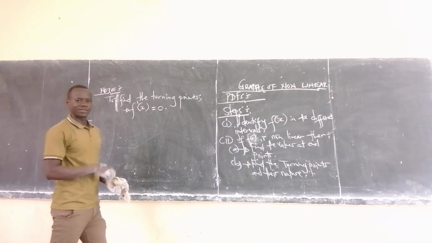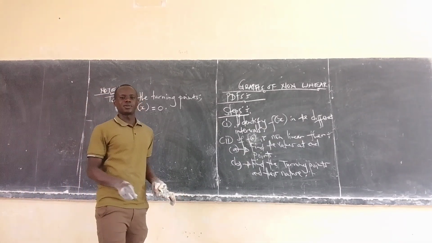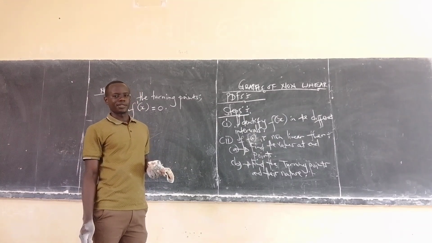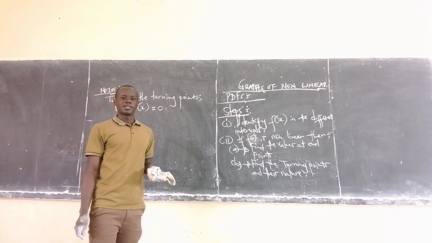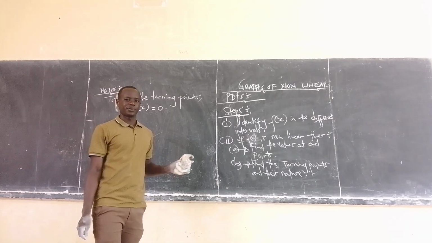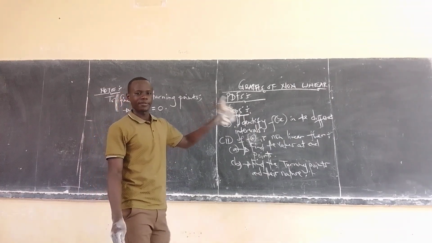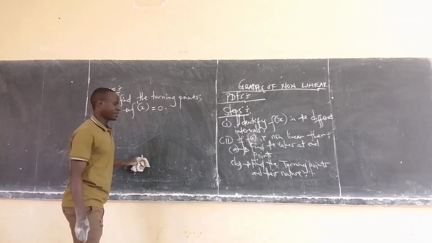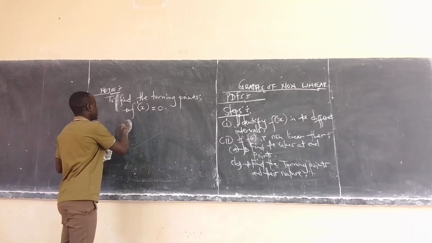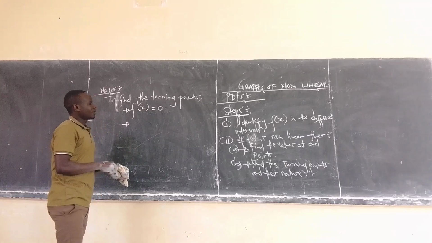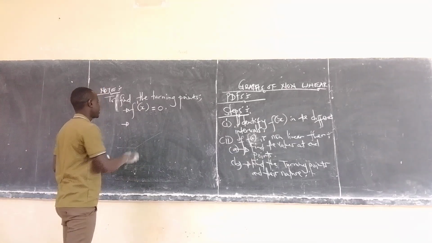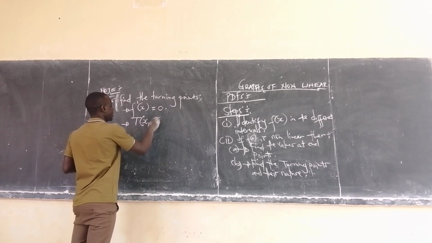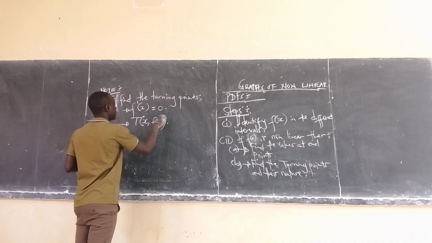After finding it, equate it to 0. When you equate it to 0, you get the x-coordinates of the turning point. Then you substitute the x-coordinates of the turning point in the original function. Then you get the corresponding values of f of x, implying that my turning point will definitely be x, f of x.